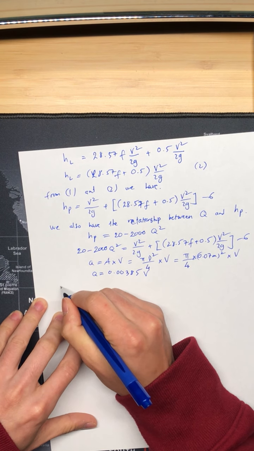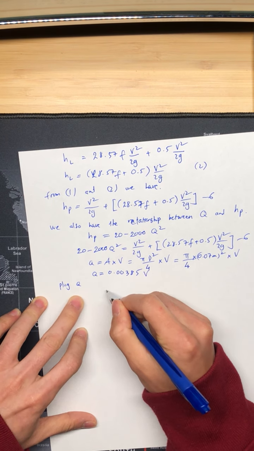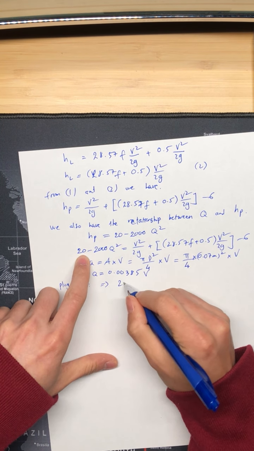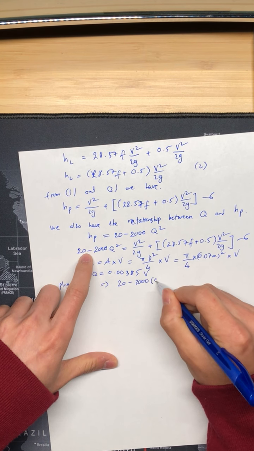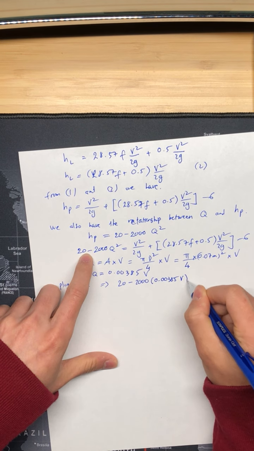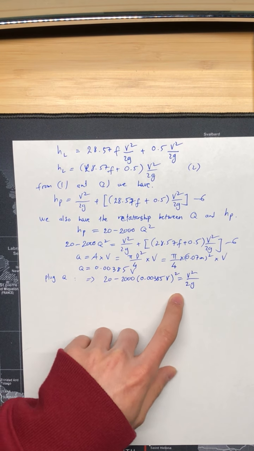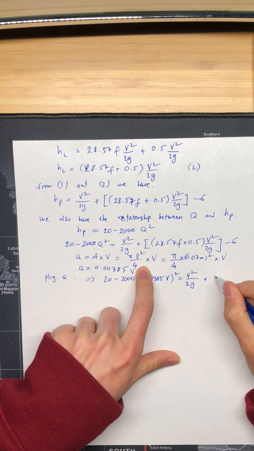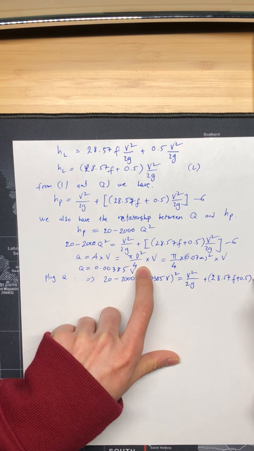We have 20 minus 2000 times 0.00385 V squared equals V squared over 2g plus 28.57 F plus 0.5, times V squared over 2g, minus 6.